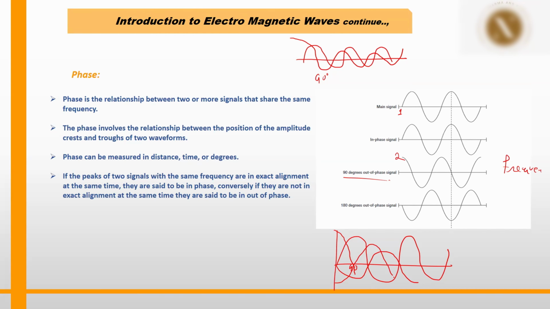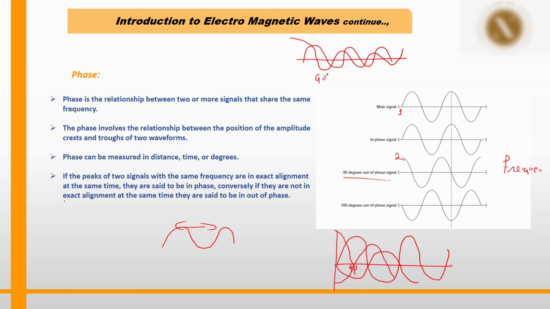They have the same frequency, which means the wavelength is the same between the crests, but they start at a different time. Since they start at a different time and have the same frequency, they tend to increase or decrease the signal strength.